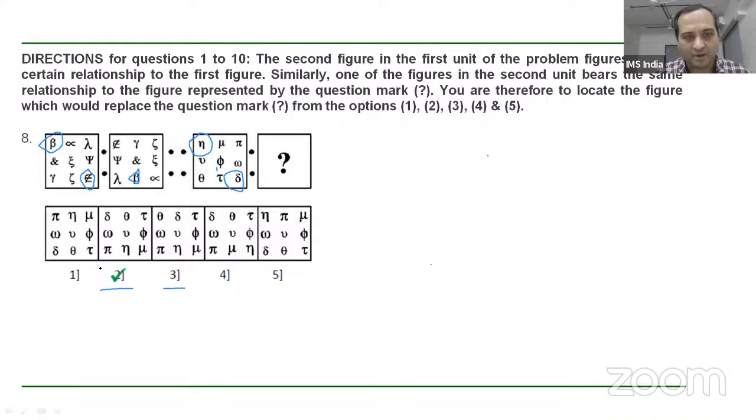Clear, everyone? Clear? Come on. Any doubts in this question before we move on? Chalo, let's move on to the next question.